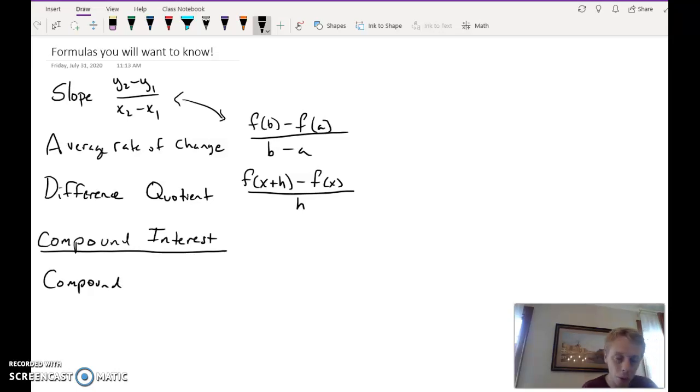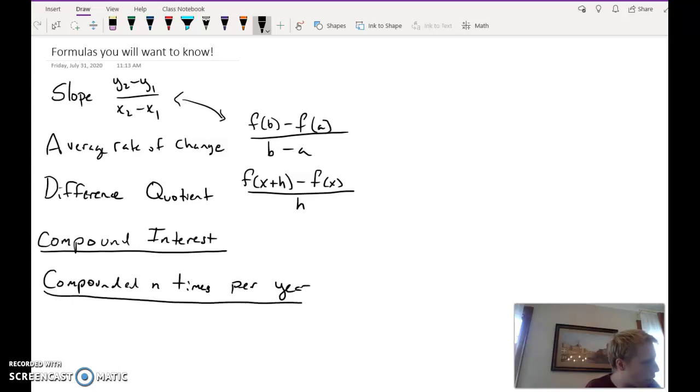With the financial components, we talked about compounded n times per year. The formula for that one was the amount in the account after some amount of time: we took our initial amount, our principal, times 1 plus our interest rate divided by the number of times compounded, raised to the nt power.